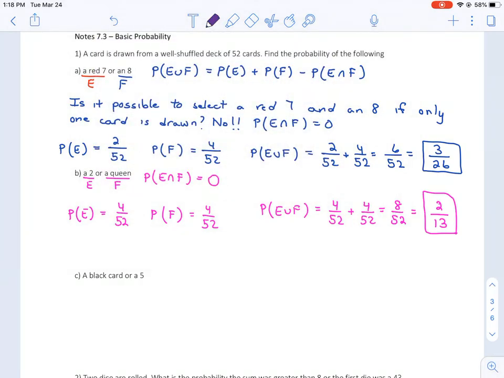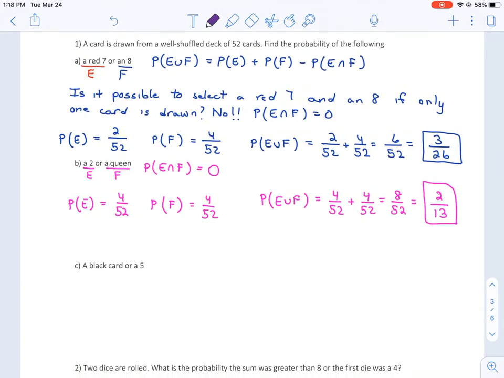A black card or a 5. So again, I'm going to label this E, and we're going to label this F. And is it possible to select a black and a 5 if one card is selected?